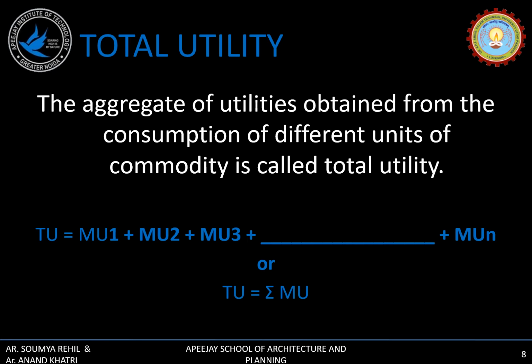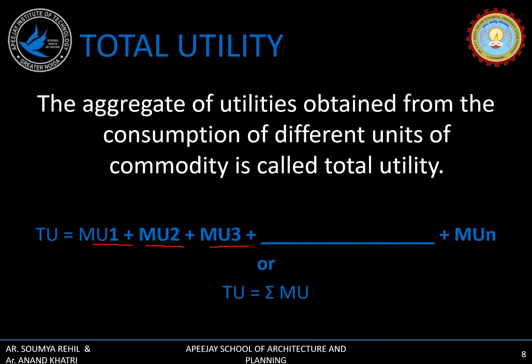So, when you have your first mango, it will give you a marginal utility of MU1. When you have your second mango, it will give you a marginal utility of MU2. The third will give you MU3 and so on.